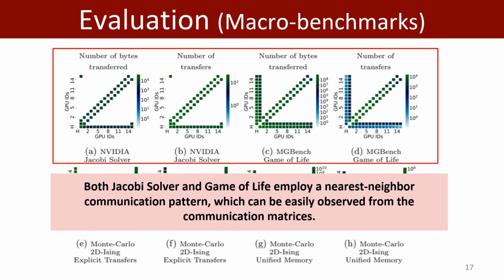Moreover, one interesting takeaway from the Jacobi solver's communication matrices is that it uses a circular boundary condition where every cell, including the ones at the boundary, has a neighbor in all directions, which is represented as communication between GPU 0 and GPU 15 in the matrices.